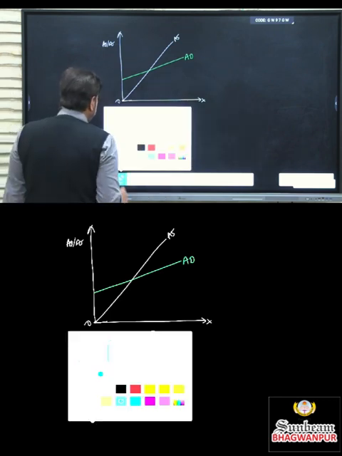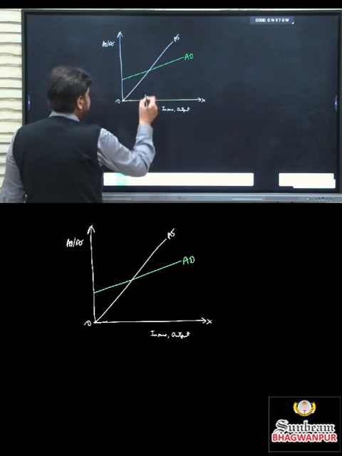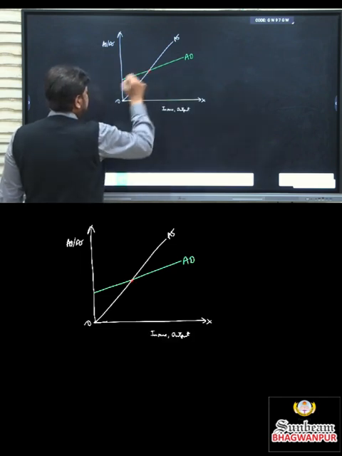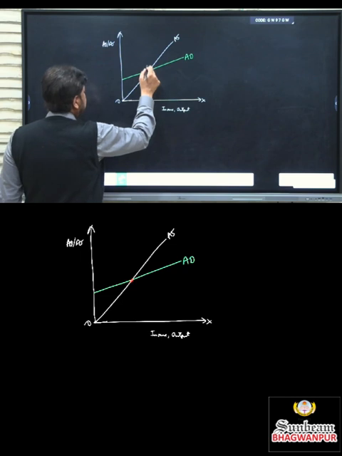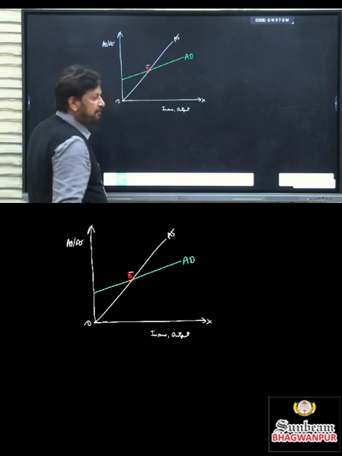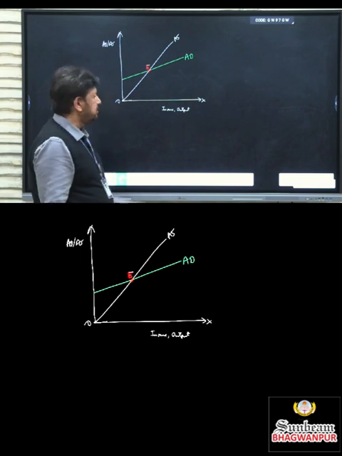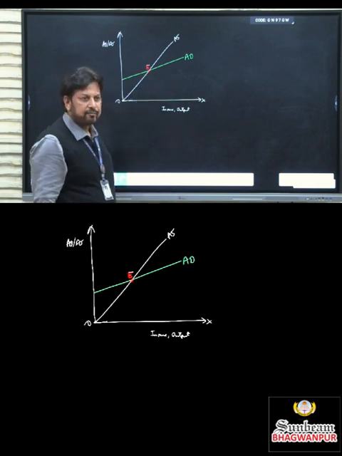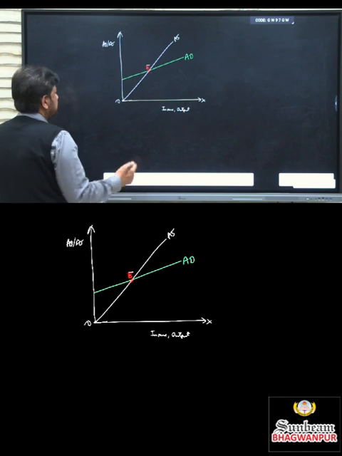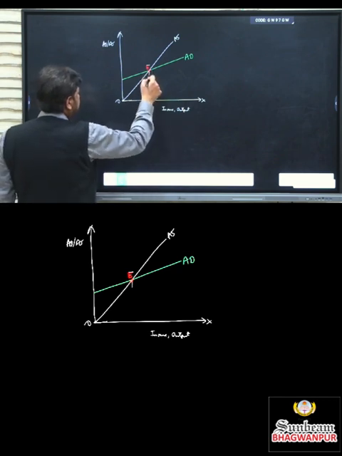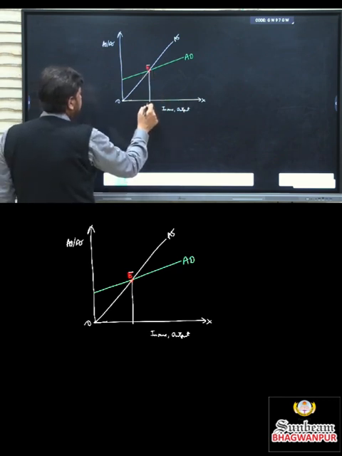Both curves are intersecting each other at point E. So this point is going to be the point of equilibrium, because at this point AD and AS are equal to each other. So the equilibrium level of income is OY.